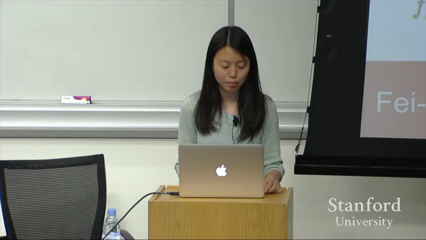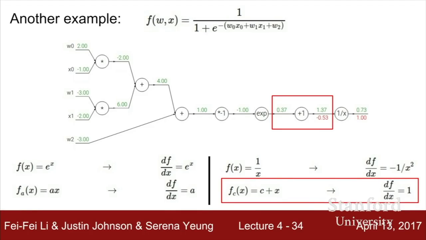Moving back to the next node, we go through the exact same process. Here, the gradient flowing from upstream is negative 0.53. The node here is a plus 1. Looking at our reference of derivatives at the bottom, for a constant plus x, the local gradient is just 1.